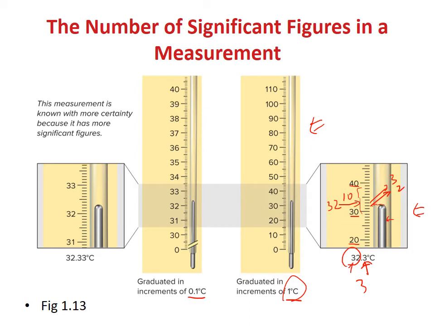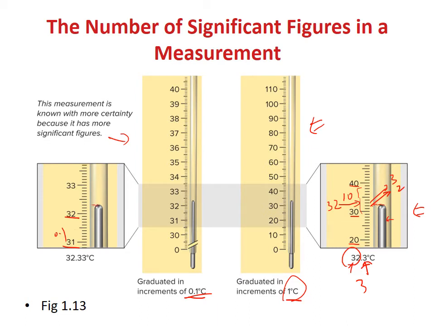Let's look at the left side. Here we have 31, 32. In between, again, you have 10, so each must be 0.1. That's why it says increment 0.1. Now let's look at the mercury height.